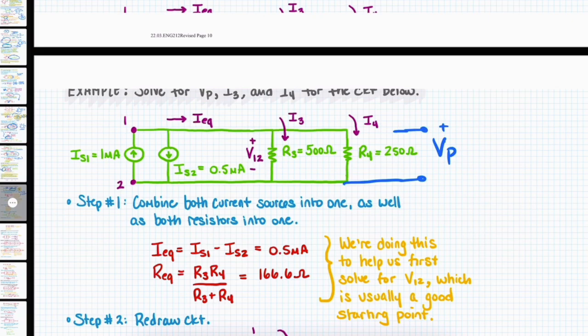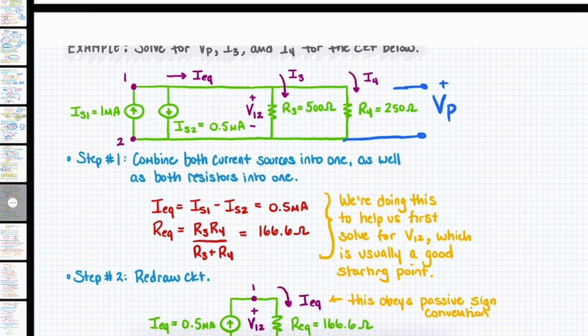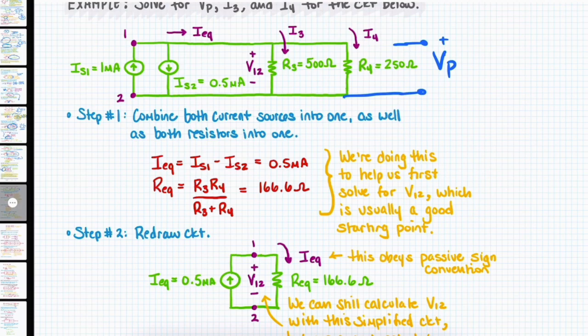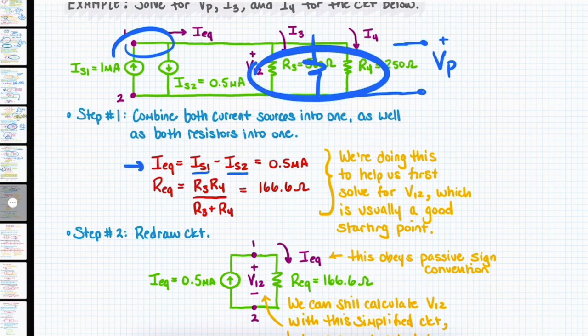All right. So what we're going to do is combine both the current sources into one, as well as both the resistances into one. So I already showed how to do this. I equivalent, since it's leaving this little subnode right here, it's going to be equal to the sum of IS, which is flowing in the same direction, minus IS2 because it's flowing in the opposite direction. Then we can come up with an equivalent resistance for both of these together, which is R3 times R4 over R3 plus R4.